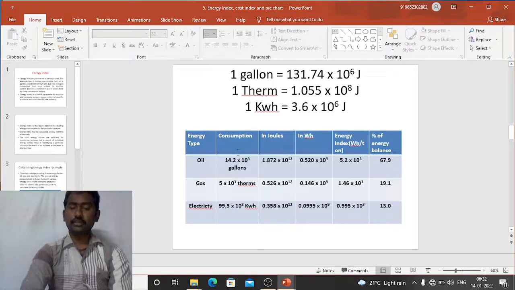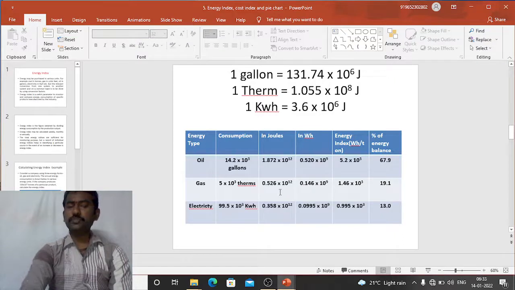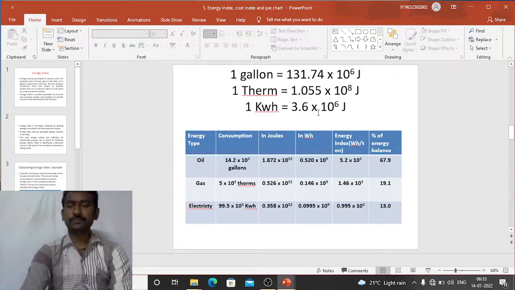These gallons, therms and kilowatt hours are converted into joules using these factors, so the energy is represented completely in one unit, joules. We can change joules into watt hours also, using 1 watt hour equal to 3.6 into 10 to the power of 6 joules.